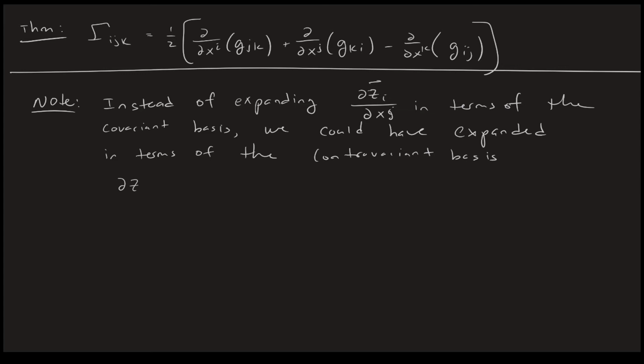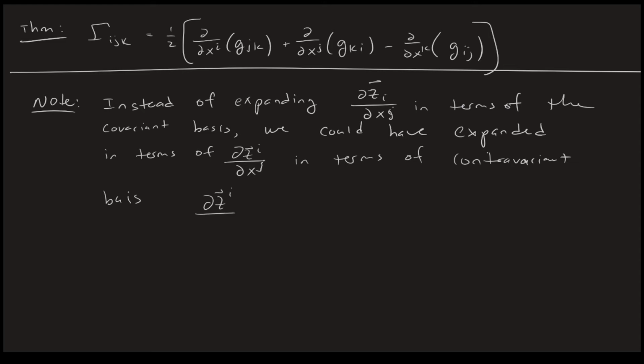I'm not going to give them a name, but we could have expanded partial z i up, partial x j in terms of the contravariant basis to get partial z i up, partial x j equal to, call it capital phi, i up, j down, k down, in terms of the contravariant basis z k.